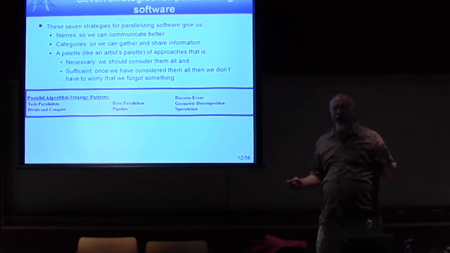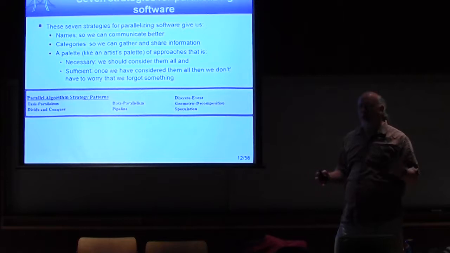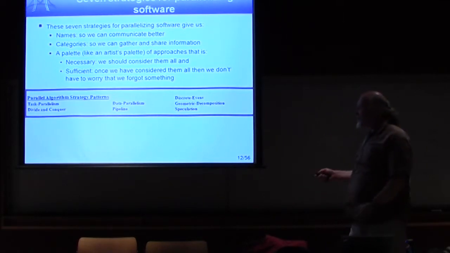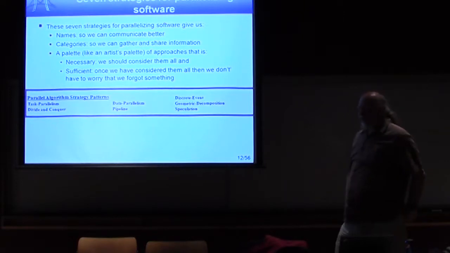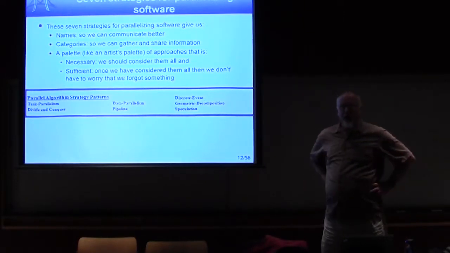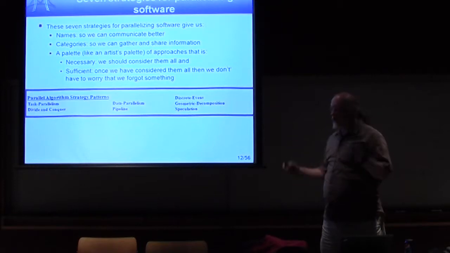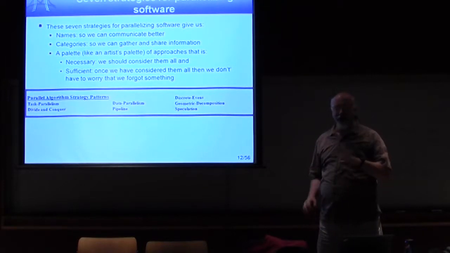If it was 225, and you go, well, okay, I stopped at 171, I'm sorry, that's all I had time for. With 7 patterns you ought to consider them all, but we claim it's also sufficient, which is, in this course, if you think of how to parallelize something, and if you think of all these 7 ways, and you finally go, I think among these, geometric decomposition, for example, is best, then you're done.